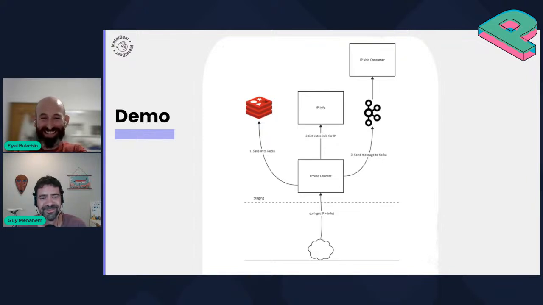The IP visit counter saves the IP to Redis. It accesses another microservice called the IP info service to get some extra info about it. And it sends a message to Kafka about the IP and returns a response to the client. So that's the architecture we have.